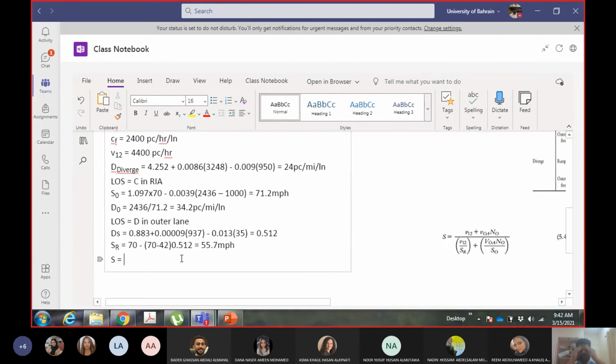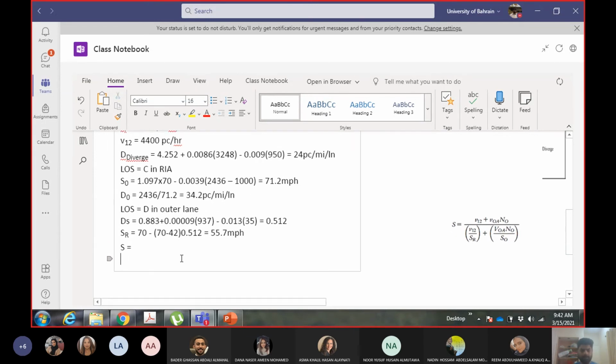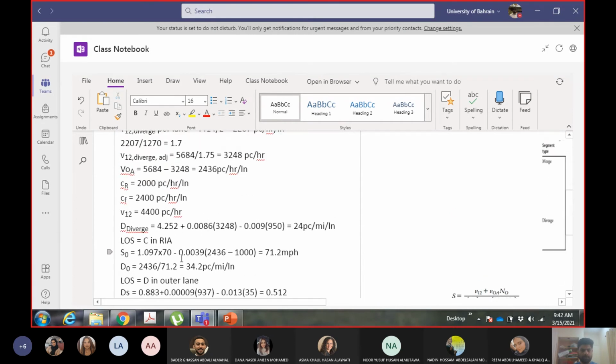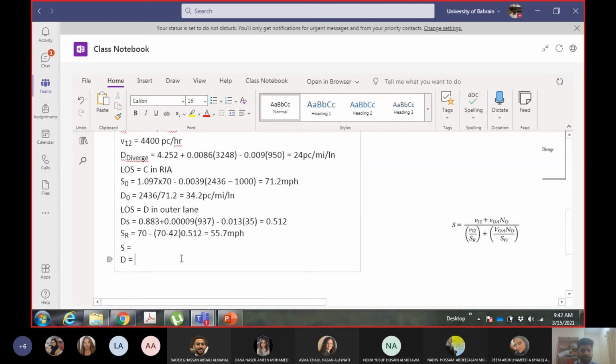Okay, so give me the speed here. And then for the density, you will take the total flow, which is 5684, divided by S. 61.4.